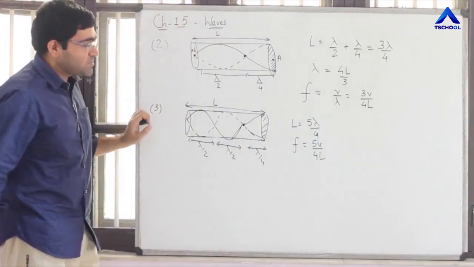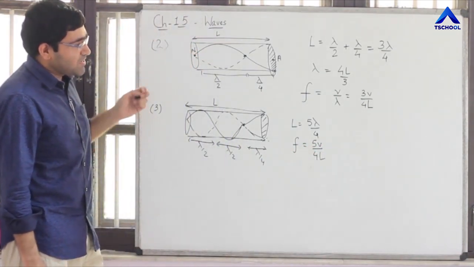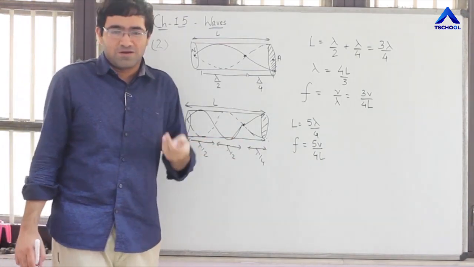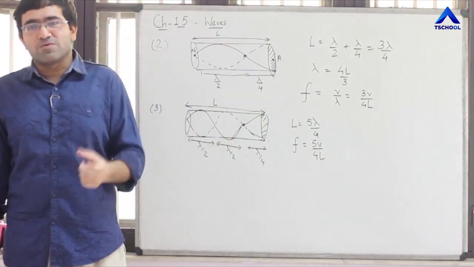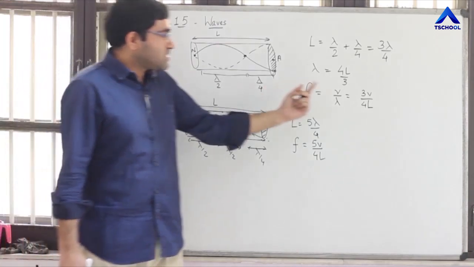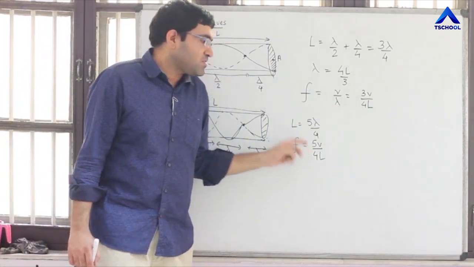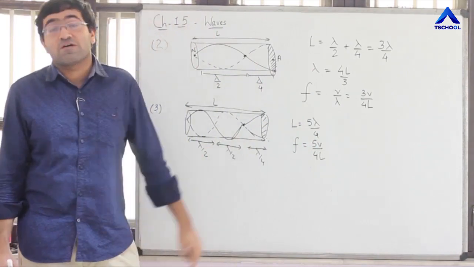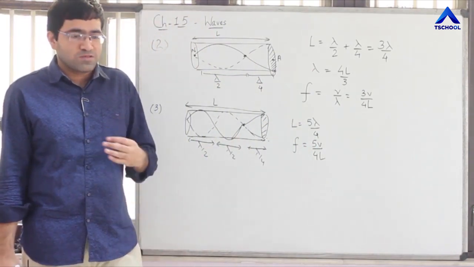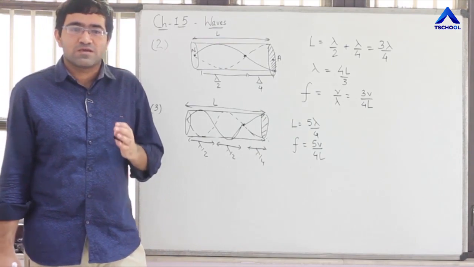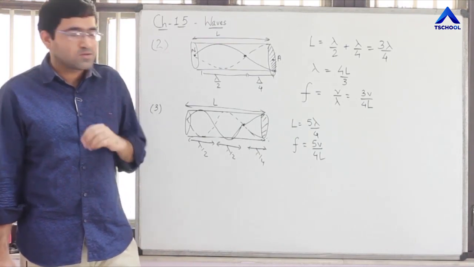So what we have is, now you're seeing a pattern. The pattern, I'm sure, is very clear. It's the odd numbers. So fundamental frequency is 1V by 4L, the next resonant frequency is 3V by 4L, and the next resonant frequency is 5V by 4L. What this means is we are only getting the odd numbers.